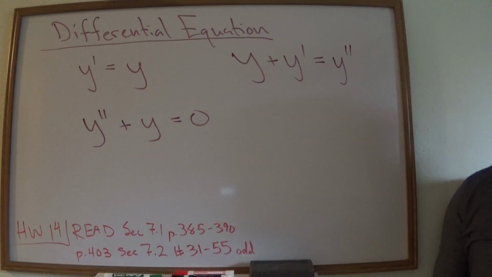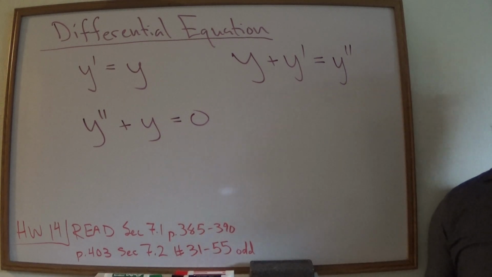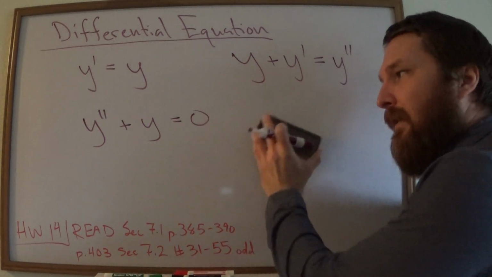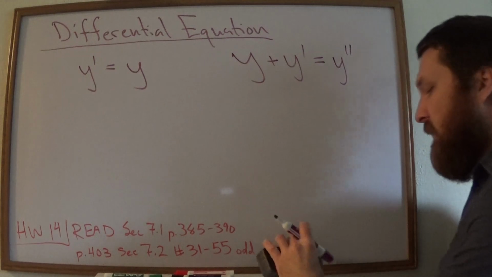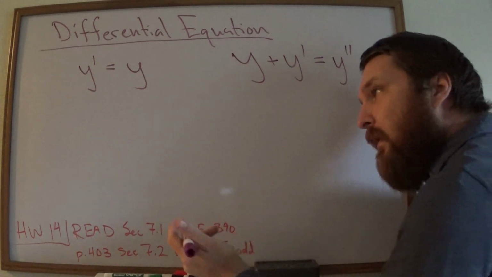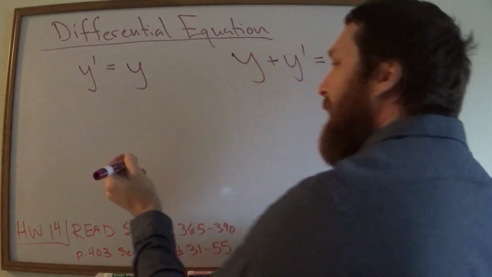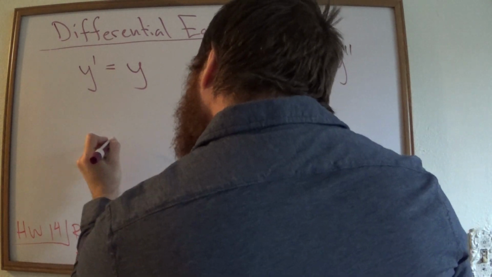There's an entire branch of mathematics called differential equations, where people study differential equations. Last year, I wrote a differential equation up on the board. Oh man, I'm never going to be able to remember it right. It's going to annoy me.